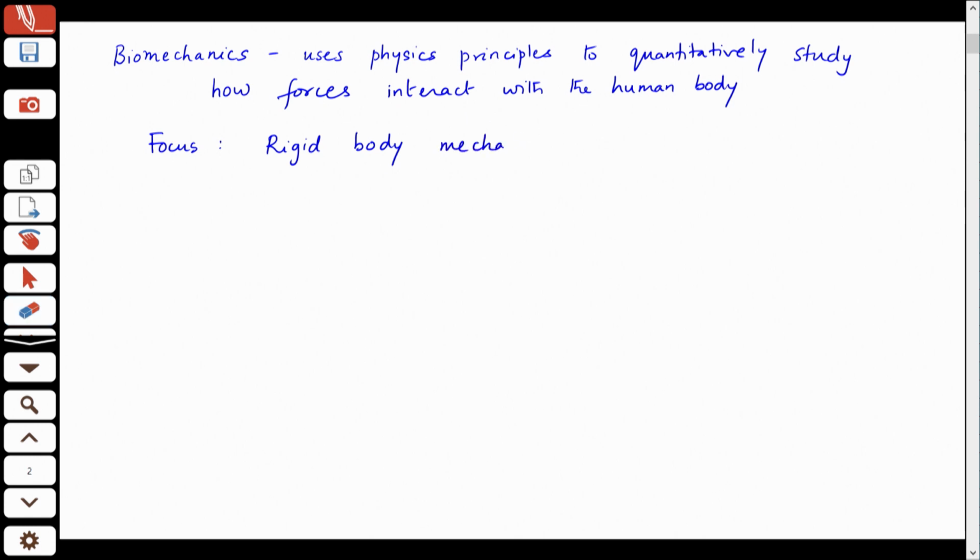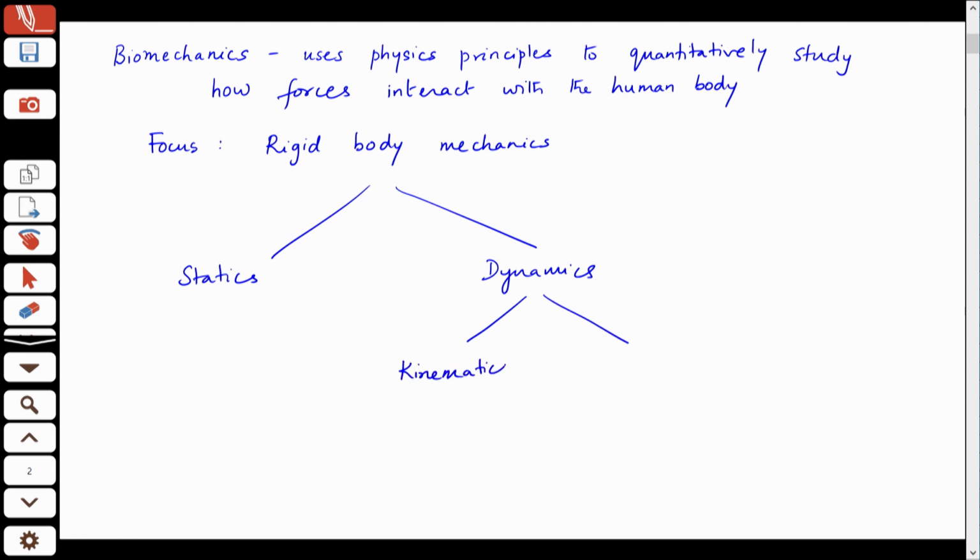So, if you look at rigid body mechanics, you have both statics and dynamics, and dynamics is essentially kinematics and kinetics. We will not be looking at fluid dynamics in this course.